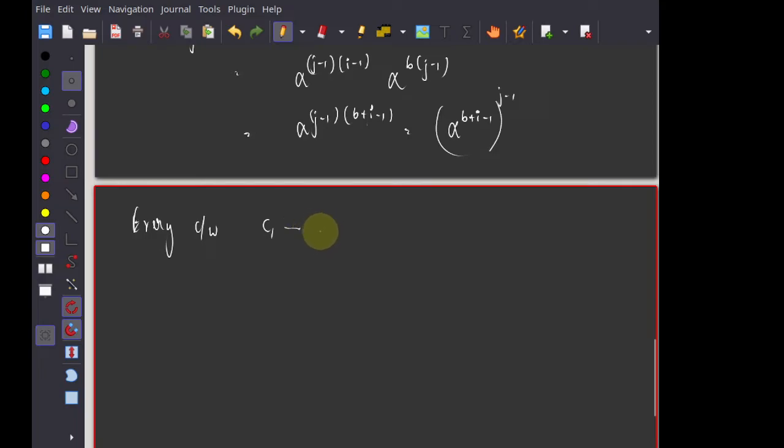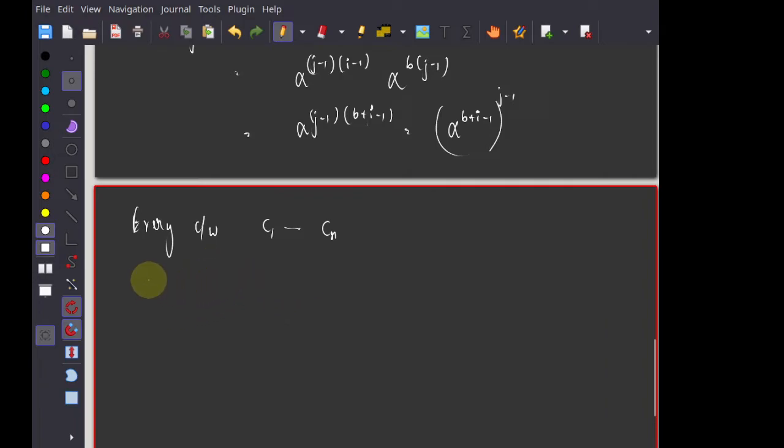So if you look at C1, C2 up to Cn, C times this should be equal to 0. The code word times the parity check matrix should be equal to 0 for it to be a valid code.